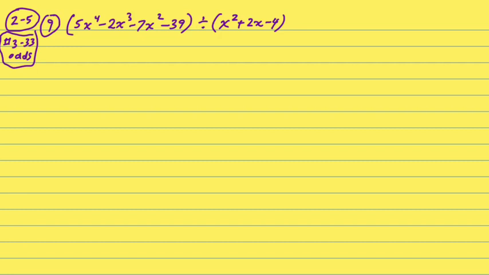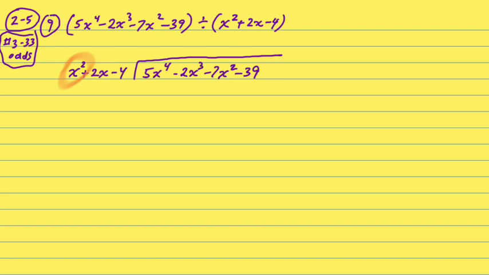Not to mention the instructions say to do it by long division. So, 5x to the fourth minus 2x to the third minus 7x to the second minus 39. This whole thing is divided by x squared plus 2x minus 4.